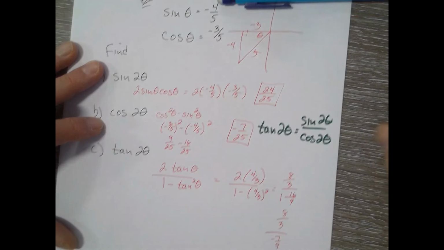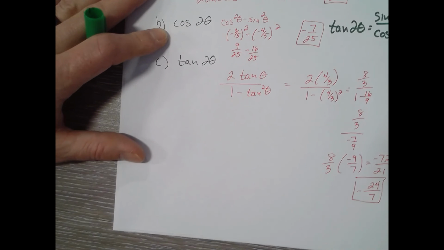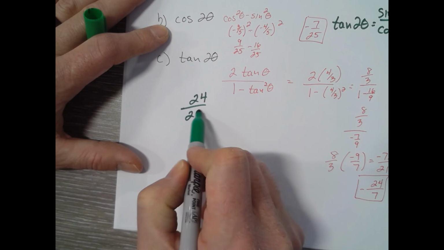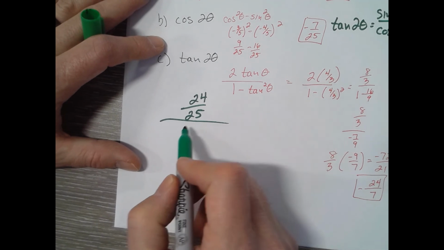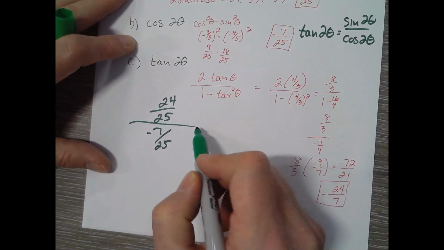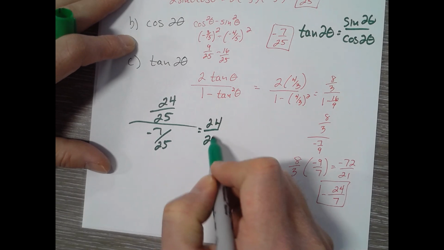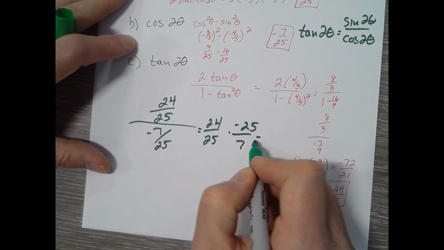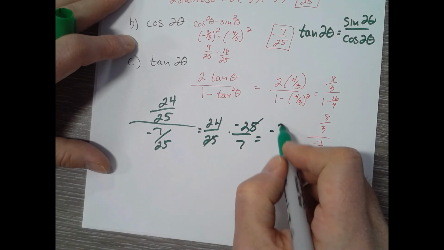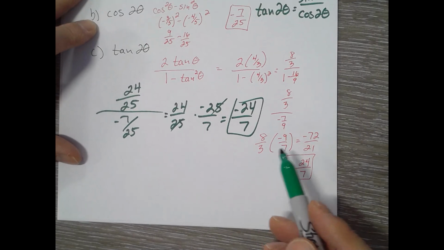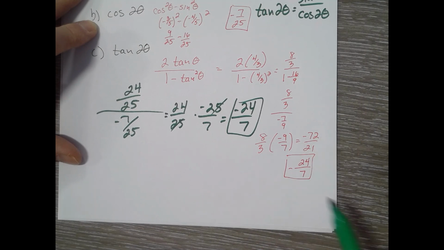So sine of 2 theta is 24 over 25 divided by the cosine, which is negative 7 over 25. So 24/25 times the reciprocal, negative 25 over 7, gives us negative 24/7. And that's what we got the long way too.